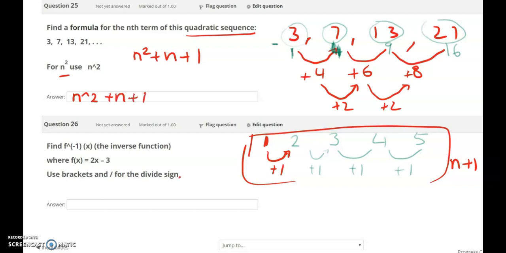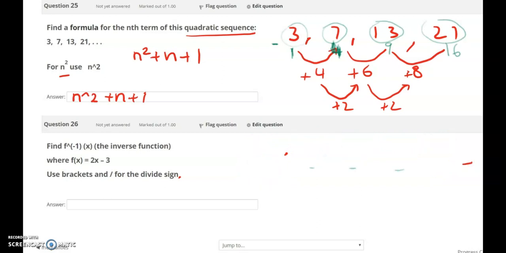The final question, we've got to find the inverse function where f of x is equal to 2x minus 3. So what this means, we're going to look at reversing the process. So 2x minus 3, if we, for 1 second, just assume that x was equal to 1, then we'd have 2 times 1 minus 3, which is minus 1.